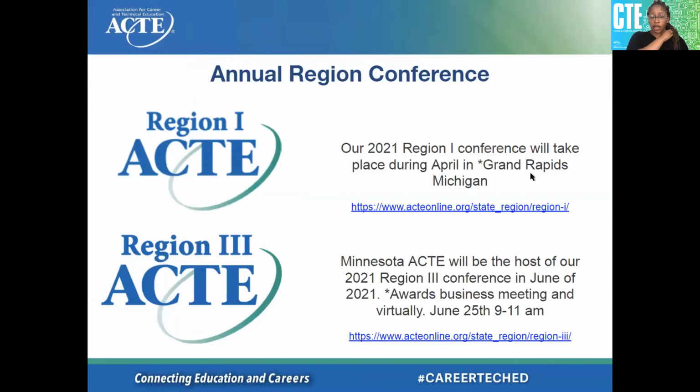And for the Region 3, they will actually be having a business meeting that's going to be taking place virtually on June 25th from 9 a.m. to 11 a.m. So if you are available for either of those or you would like to check them out, please feel free to go to their websites where they do frequently update that information. So I've also put those in the chat as well as on this slide.